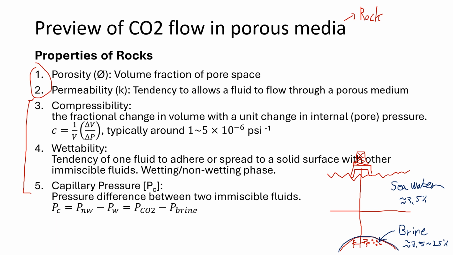Once we inject the CO2 here, it's going to be multi-phase, where we have brine and the supercritical state of CO2. That's why there's going to be more than one phase of fluid in the subsurface. The fluid here is called brine, and this kind of formation and structure where we have brine is called an aquifer.